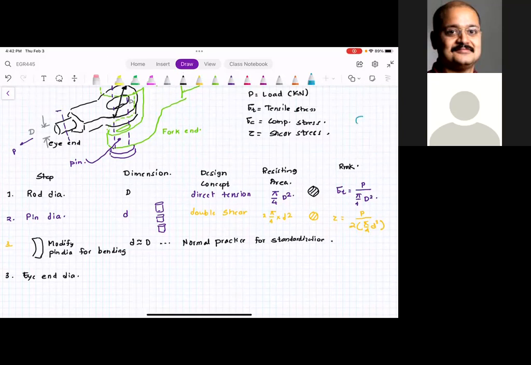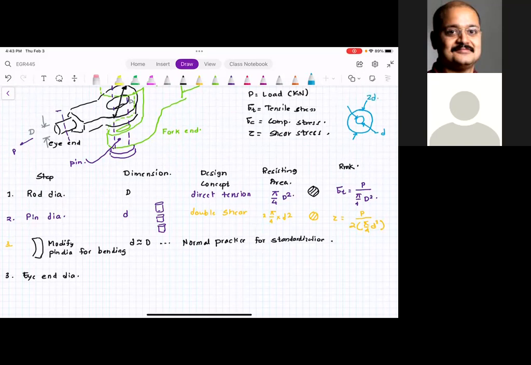Whenever you have a hole and whenever you have a boss, what that means is you have a sort of washer. So for example, you have a hole with inner diameter and you have a washer. Typically, the outside diameter would be 2 times the inner diameter. So if this inner diameter is small d, typically the outside diameter would be 2d.